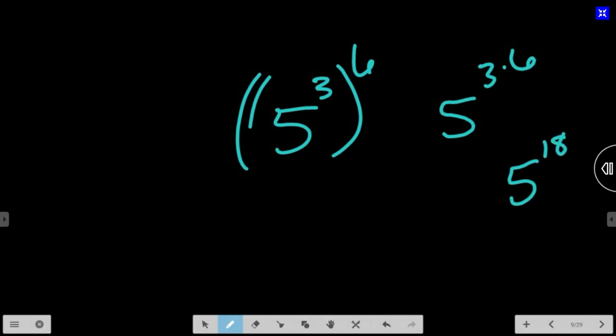No, you do not have to multiply all that out. Okay, what does it say? That's not 5/3. 5/3 is a fraction. It's 5 to the third power, which means I have how many fives?